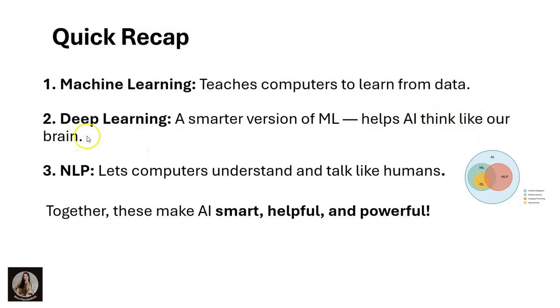That's why we use the term neural networks. Natural language processing lets computers understand and talk like humans. Together, machine learning, deep learning and natural language processing make AI smart, helpful and powerful.